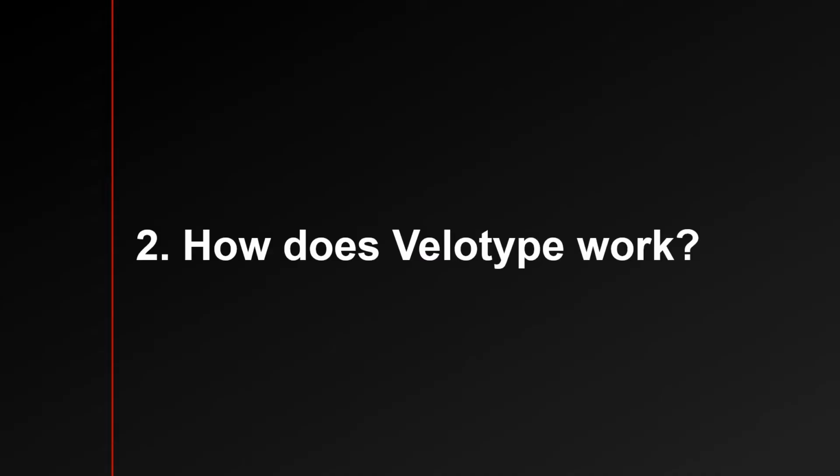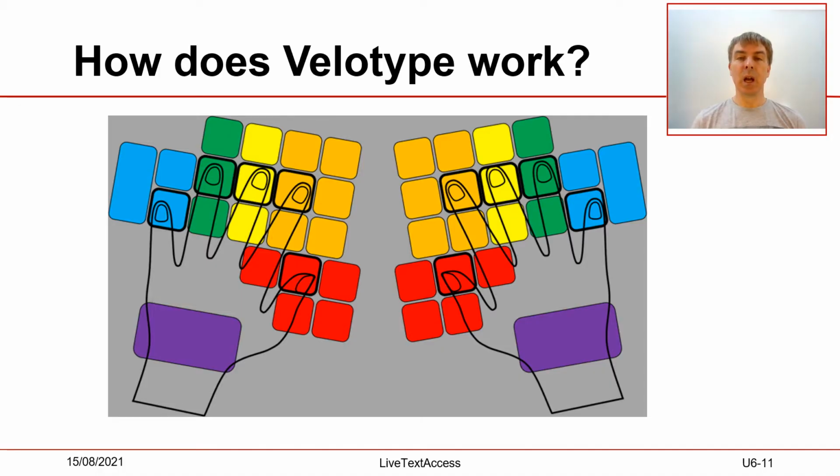Section 2. How does Velotype work? Here you can see how the keys of the Velotype are divided among the fingers of the hand. As you can see, the thumb, which is the most flexible finger of the hand, also plays an important role. And even the palms of the hands are being used for the big purple keys.